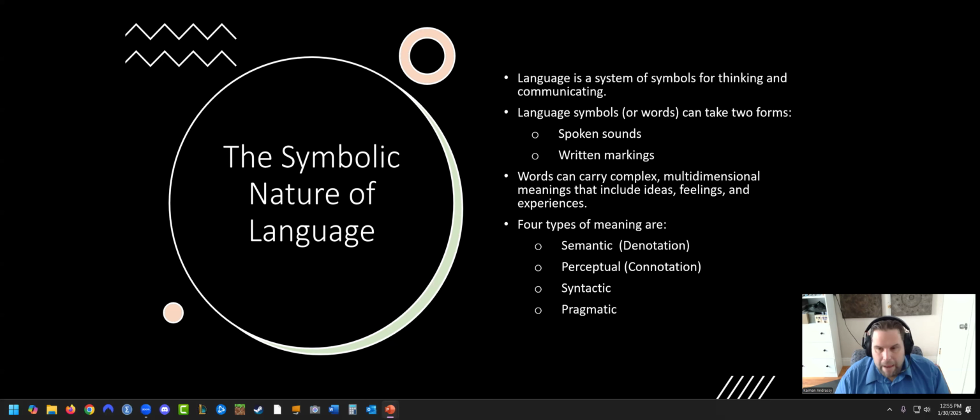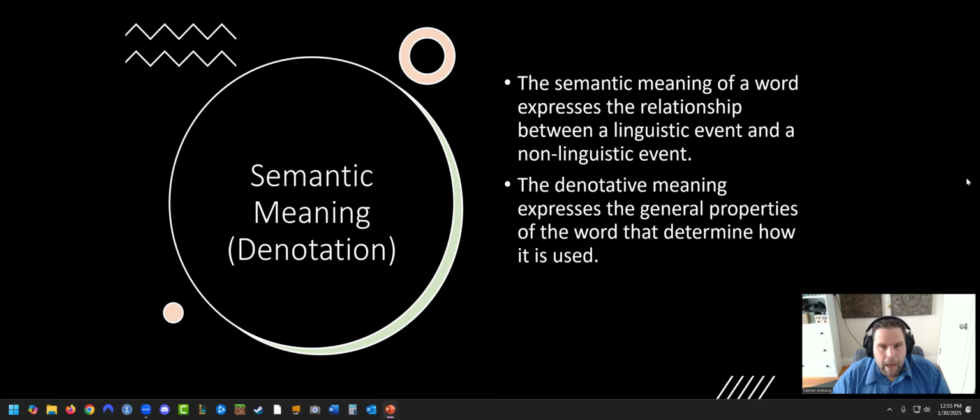And then more of the pragmatic application of definitions and meanings behind words might be referred to in research as operational meanings or operational definitions. So there's a lot of different ways of interpreting the underlying meaning behind the symbology of the language. And I'd like to go ahead and get into that a little bit here as well.